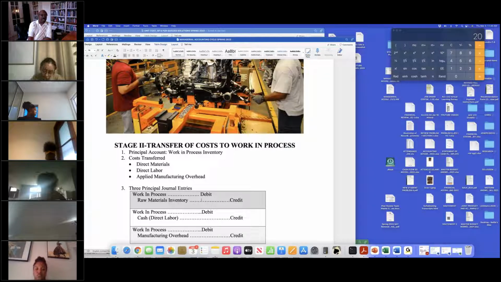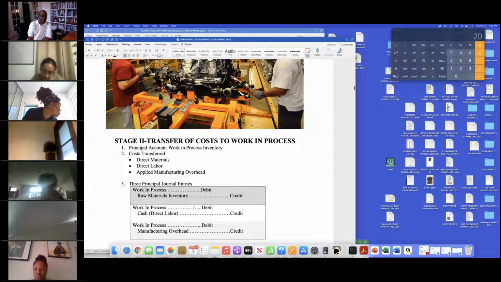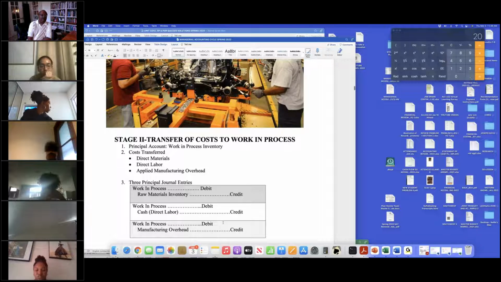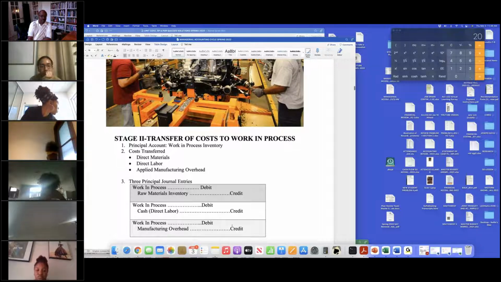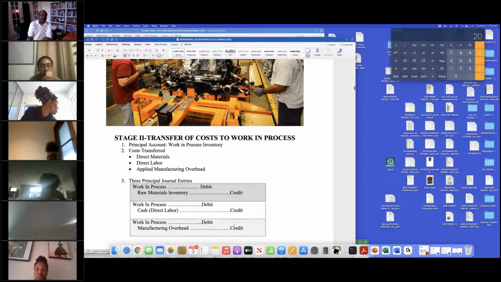We hire the workers and pay them to make the item, so we debit work in process and credit cash. And in our final journal entry, we debit work in process and credit manufacturing overhead for what we estimate the overhead to be. This is where we use that POR number.